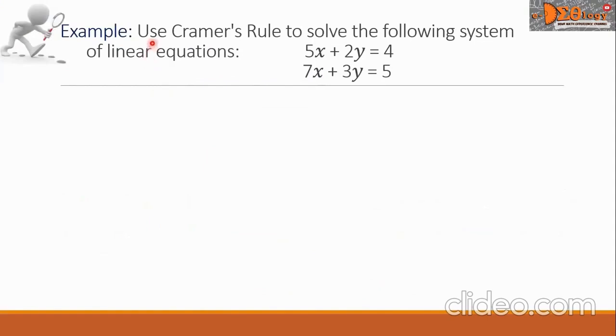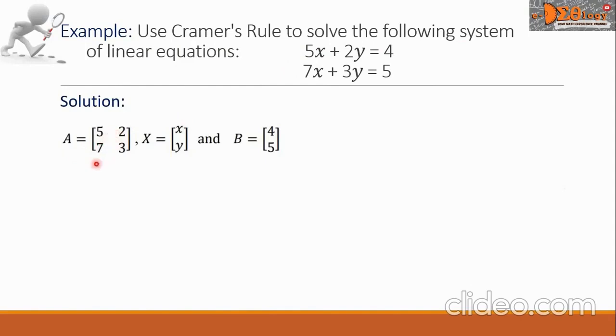Example, use Cramer's rule to solve the following system of linear equations. 5x plus 2y equals 4, 7x plus 3y equals 5. Let us write the corresponding matrices. Matrix A equals 5, 2, 7, 3 respectively. Matrix X equals the column matrix x, y.